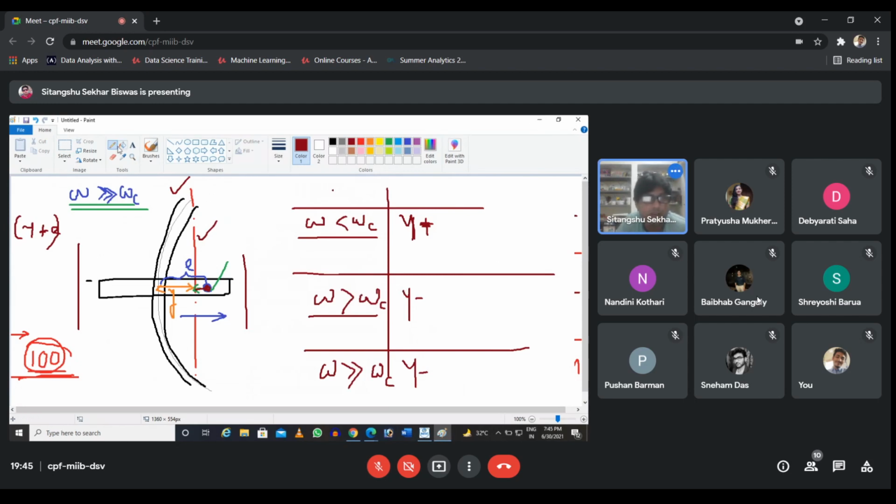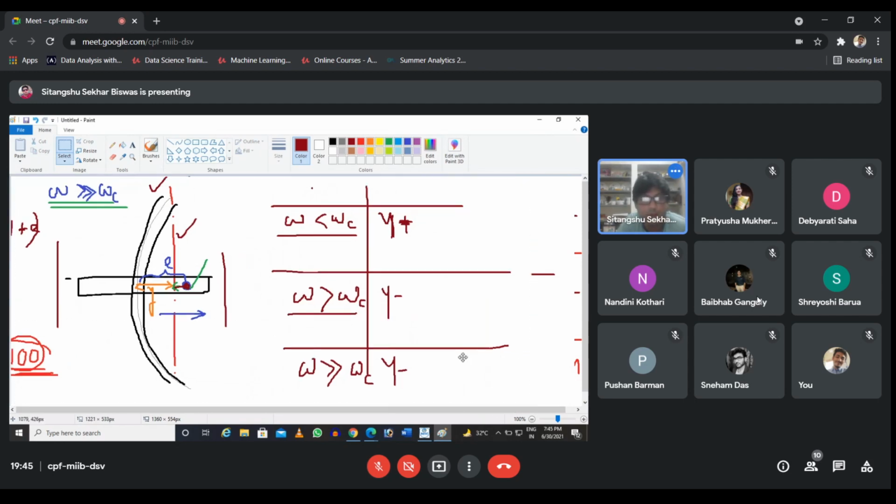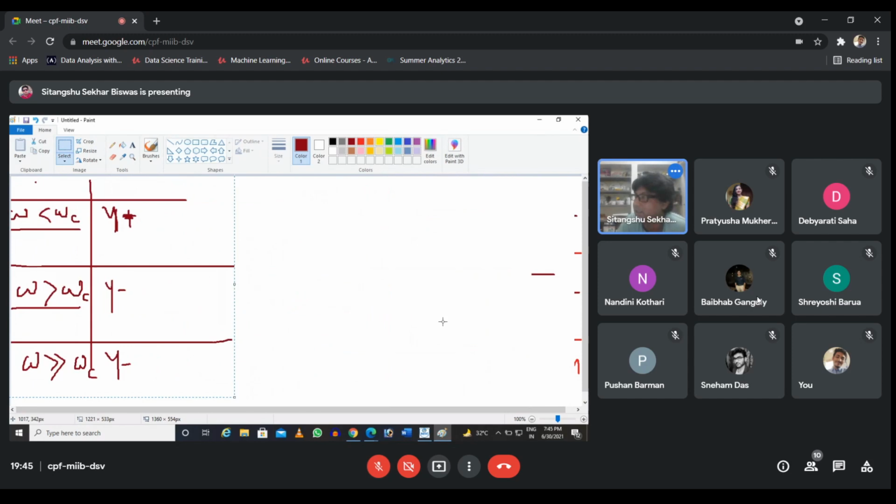And one more thing: now we will do one small simulation. With that, we will try to understand what kind of things will happen when this kind of vibration is experienced or this kind of unbalanced mass is there.